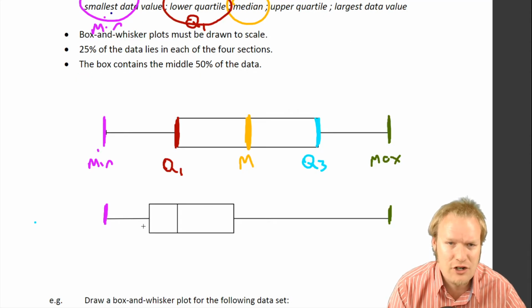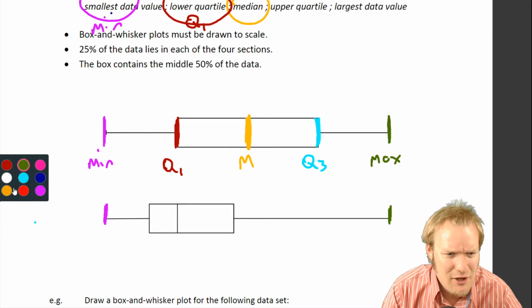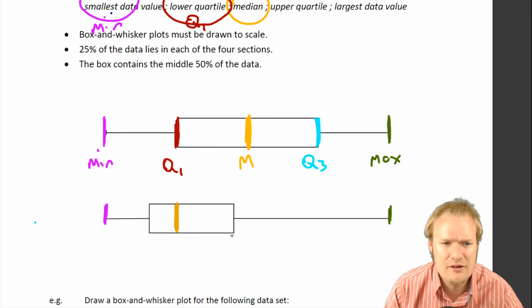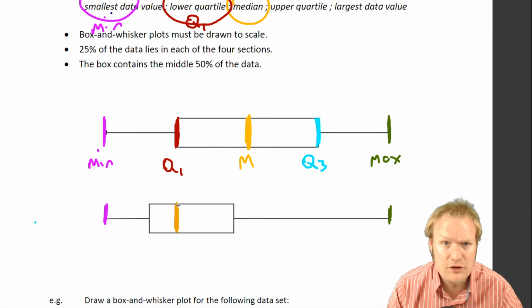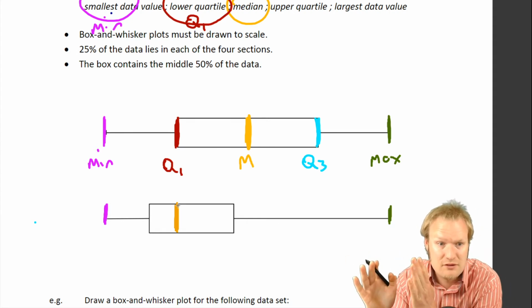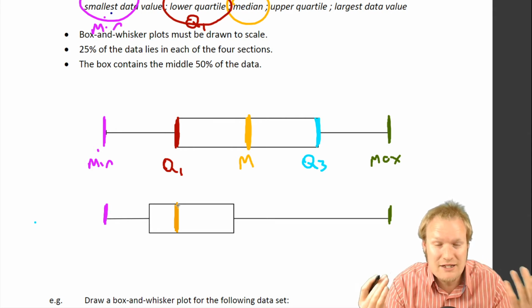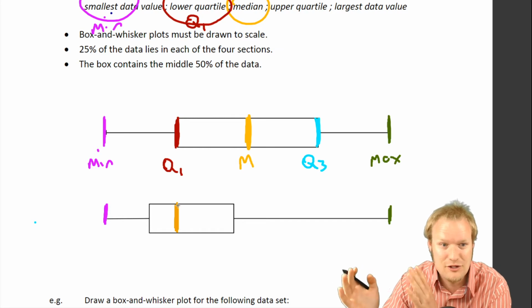But in the second data set, I know this is a bit abstract, and as I said, we'll come in. What strikes you as quite different about the median? Well, the median's a whole lot further to the left. So if we had heights of people, it's like, oh, the middle person is a whole lot shorter.